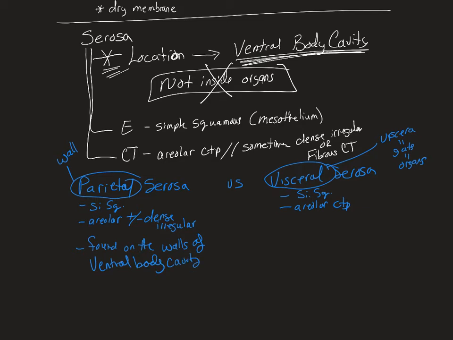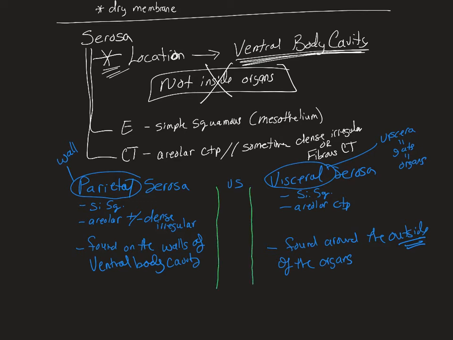In contrast, the visceral serosa is found around the outside of the organs of the ventral body cavity. Okay? Now, these go together.